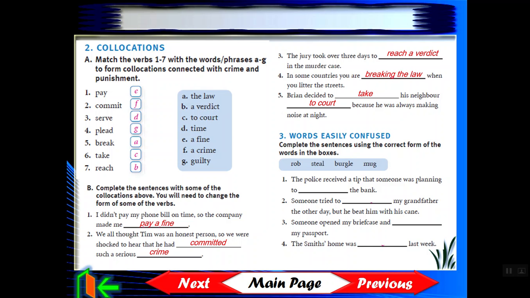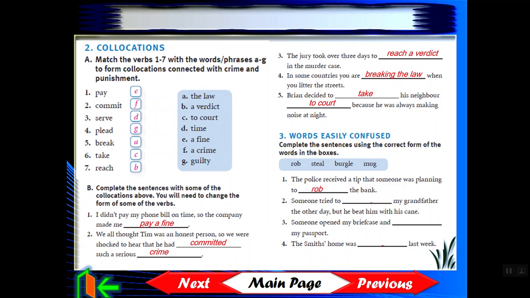Burglars are usually the least dangerous criminals. The burglar wants only to steal things. He doesn't want to threaten anybody or cause any harm to anybody.